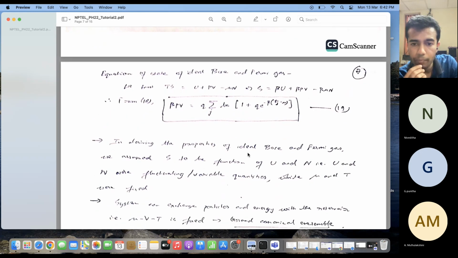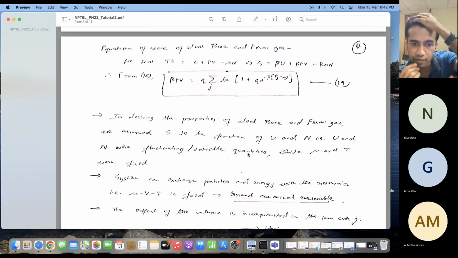Because in deriving the properties of the ideal Bose and Fermi gas, we had assumed the entropy to be a function of U and N, so the entropy depends on U and N, which were fluctuating quantities. If I change U, S was changing. If I change N, S was changing. The fixed quantities were the chemical potential mu and the temperature T.